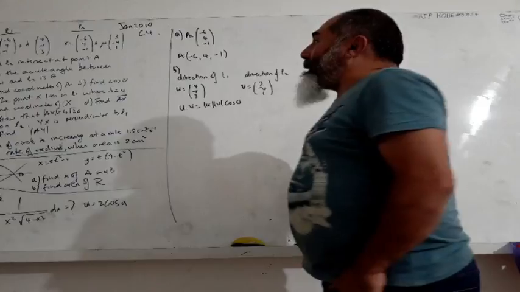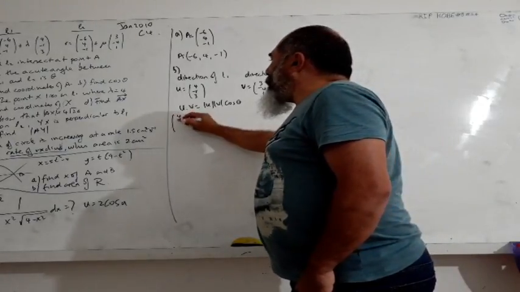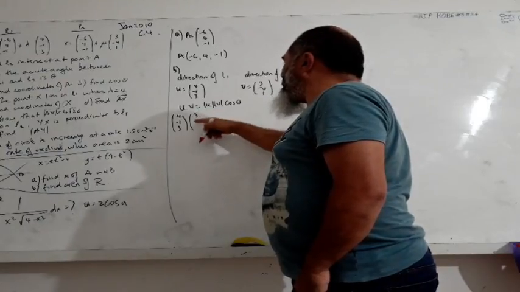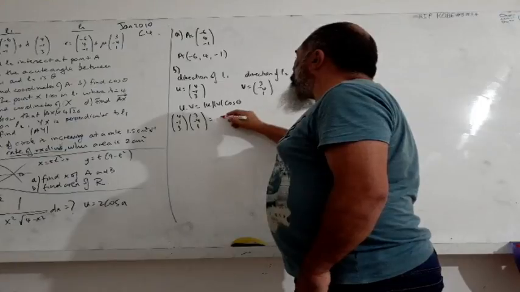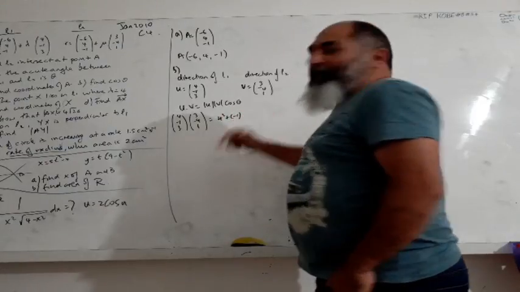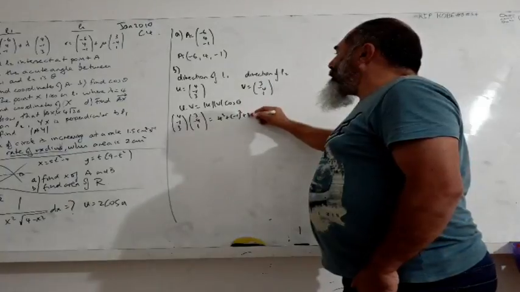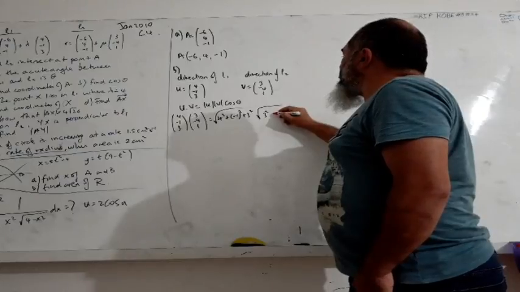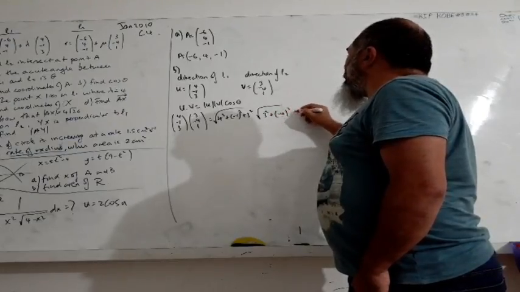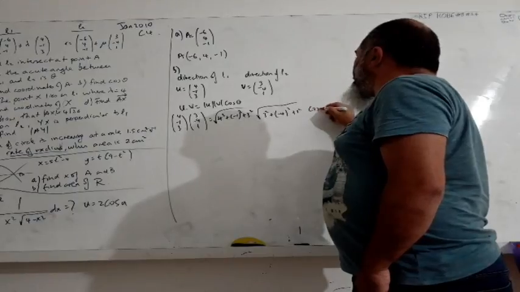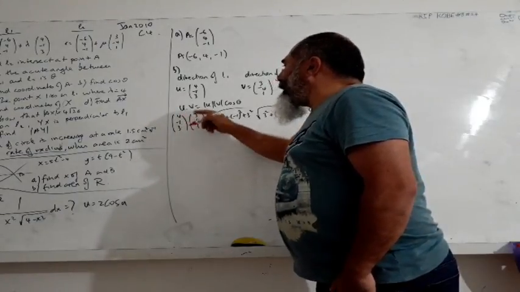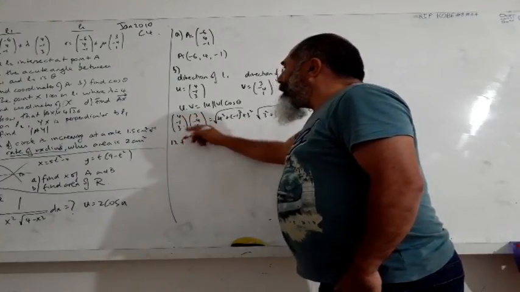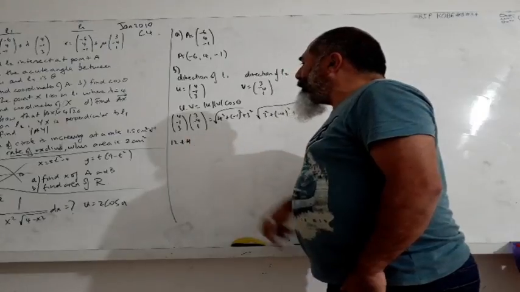U is 4, minus 1, 3. V is 3, minus 4, 1. And magnitude of U is the square root of 4 squared plus minus 1 squared plus 3 squared, and we have the square root of 3 squared plus minus 4 squared plus 1 squared, times cosine theta. We have a dot product here: 4 times 3 is 12, minus 1 times minus 4 is 4, and 3 times 1 is 3.